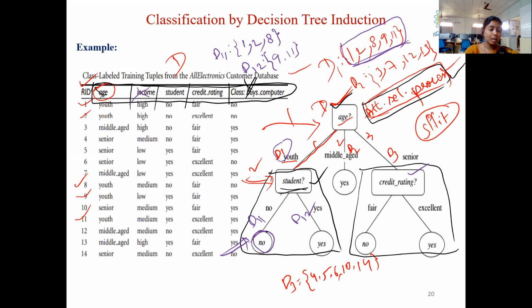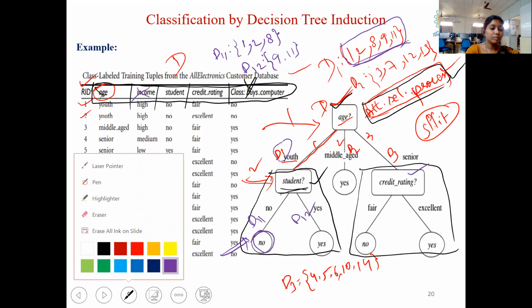Now, how to label this? The labeling is done based on the majority label of the partition. What tuples come under D11? Number 1, number 2, and number 8, right? So what is the majority label? What is the label of 1?